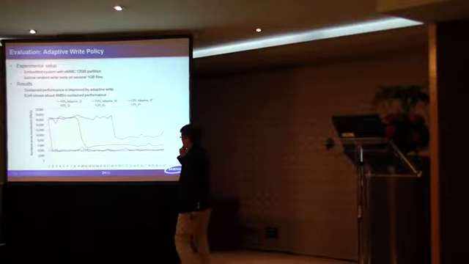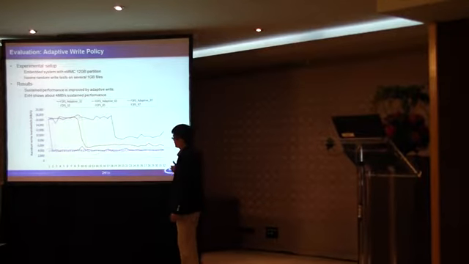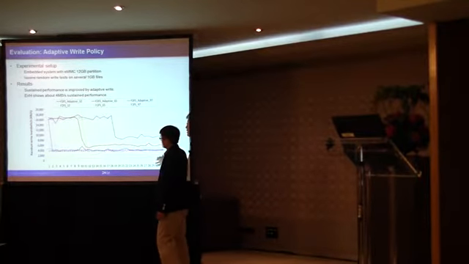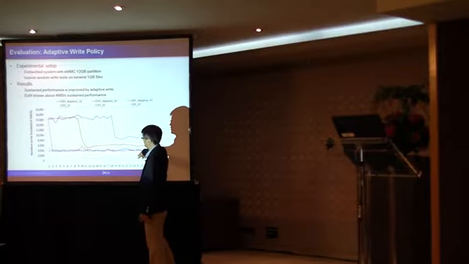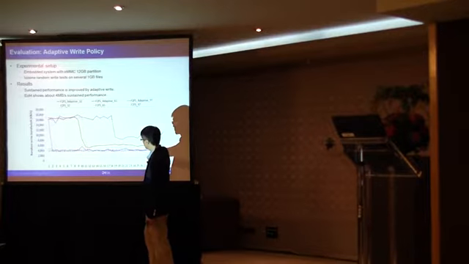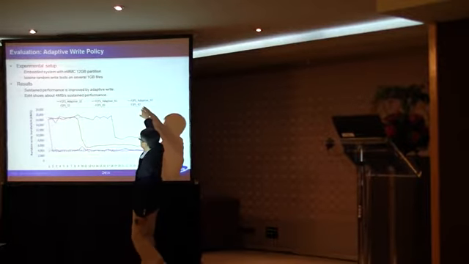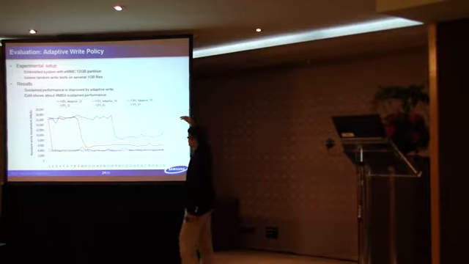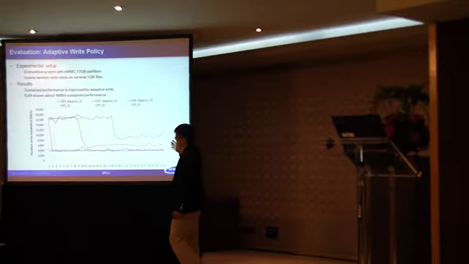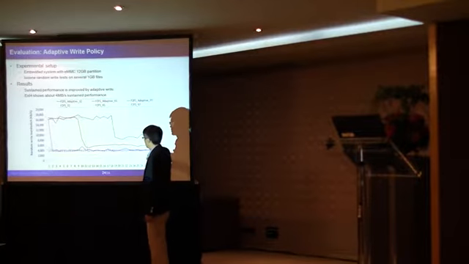Before the adaptive write policy, we try to clean the segment in any way. In that case, as you see from the purple line, the purple line means 97% utilization. That's very high utilization, so we don't have much free space there. So it's a very stressed condition.